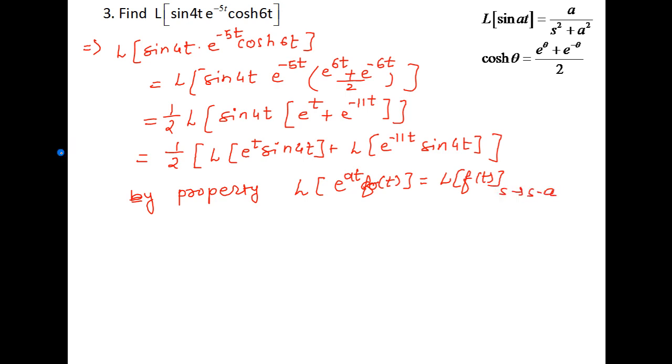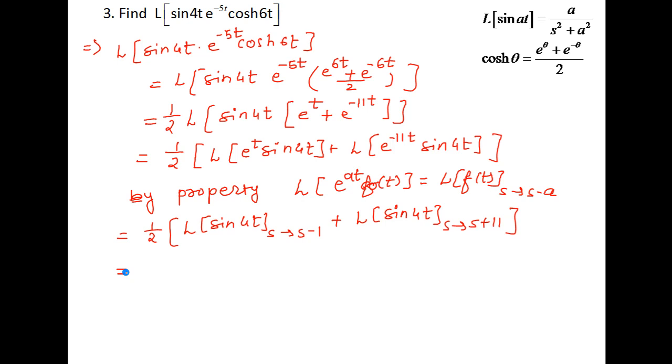So if we apply this property in our example, we'll get Laplace of sin 4t, we have to replace s by, now here the value for a is 1, so s minus 1, plus Laplace of again sin 4t, and here we have to replace s by s plus 11.